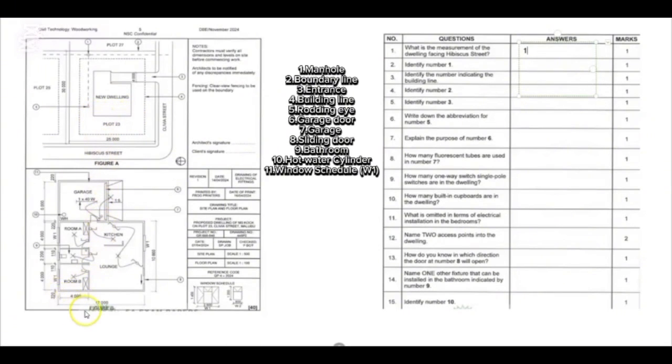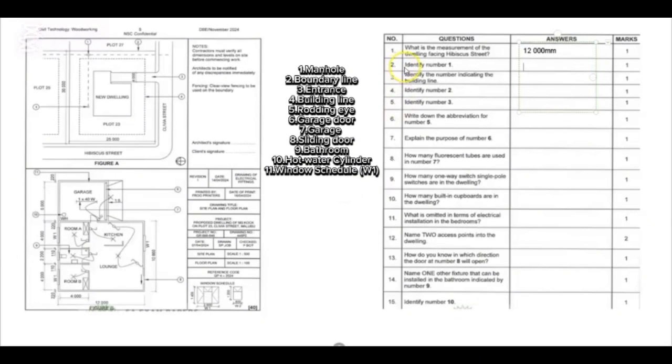And when we look at the floor plan in figure B, it is 12,000 millimeters. So our answer here will be 12,000 millimeters, or you can change it to meters by dividing by 1,000. That's the width of the new dwelling that's facing Hipster Street. And number 2, they said identify number 1.